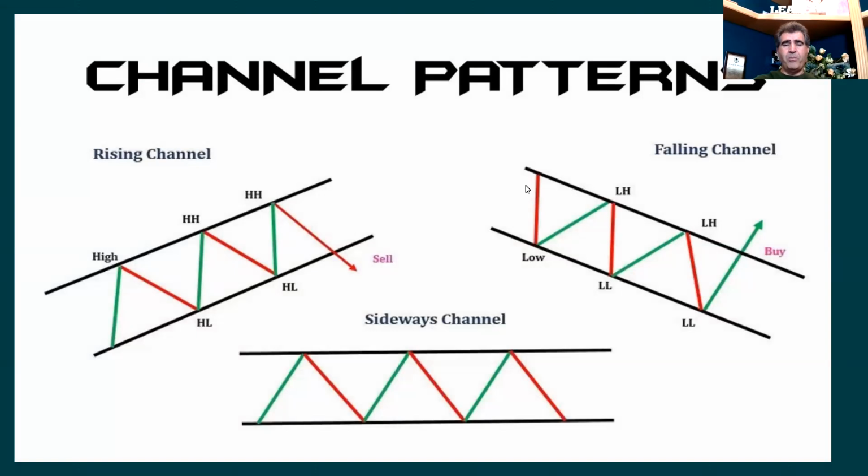The third one is one of my favorites, and it's the channel patterns. You could use rectangles or channels. You can have a rising channel, a falling channel, or a sideways channel, which basically has support and resistance, and you're contained within that.